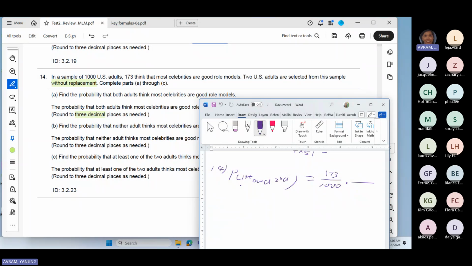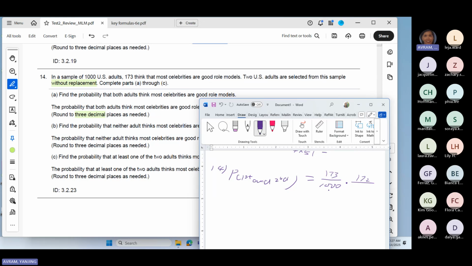So remember, it's without replacement, so one is already out. The second one who thinks celebrities are good role models will be 172, because one is already out.